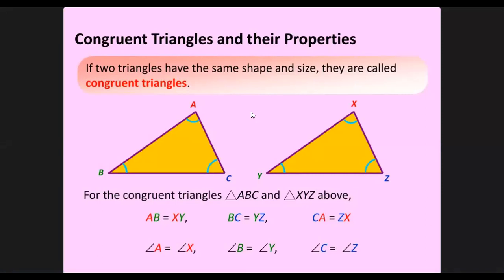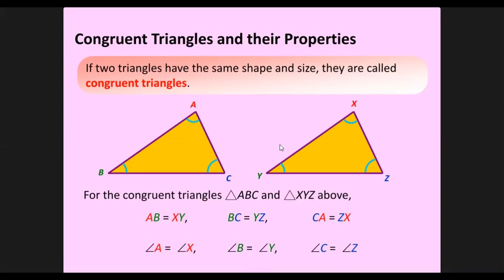Can you say the question again? You have in front of you two congruent triangles, right? So which two angles will be congruent? Okay, I will move to someone else.